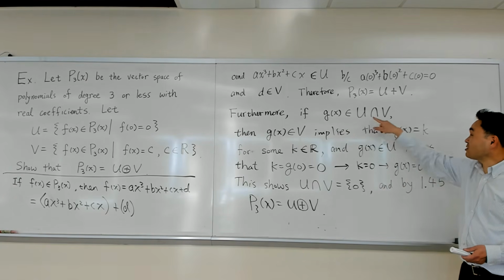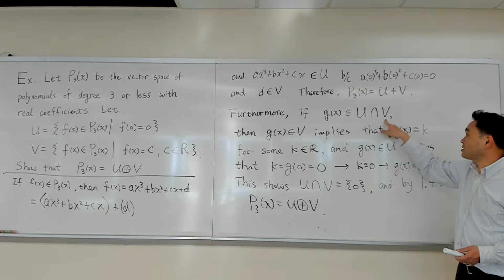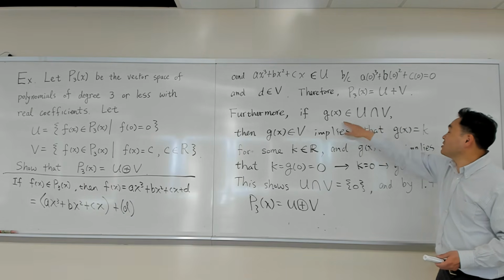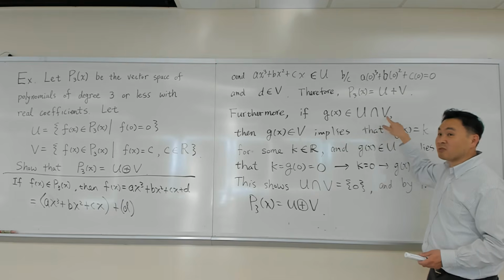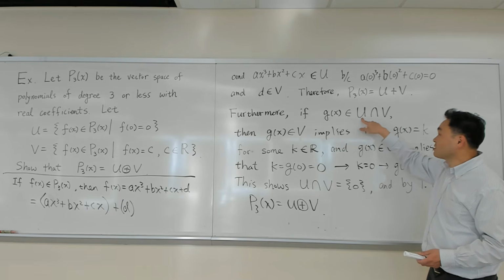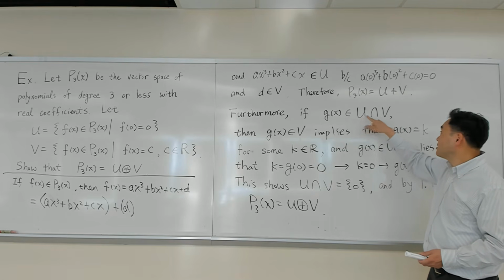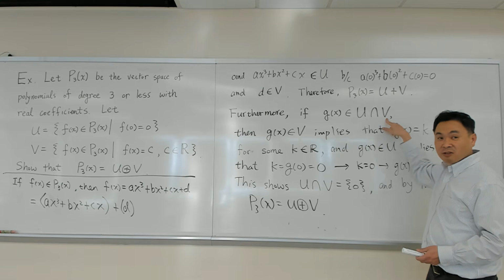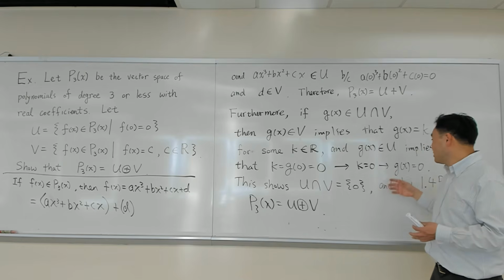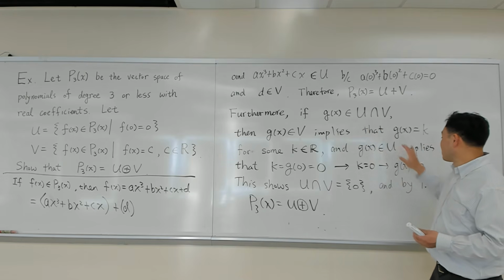And now you investigate what it means to be in here and here. Being in the intersection means it has to be in both of them. This one says the constant term shouldn't be there. This one says you should only have the constant term. So how am I going to use both of them to show that the only way to be in the intersection is to be 0?